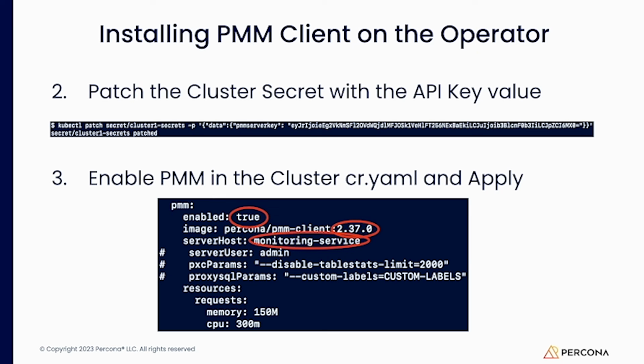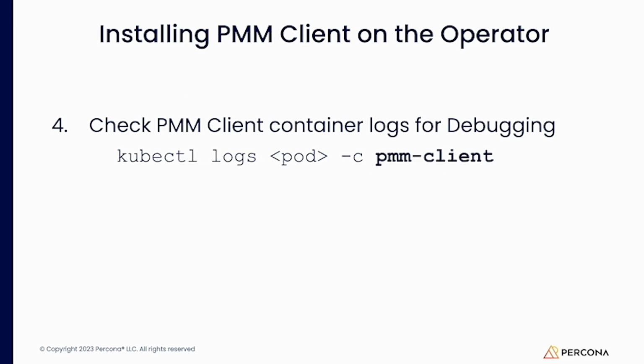Okay, and then you apply that change, and each pod will restart. It will be a rolling restart, and they will have one container more, which is the PMM client, right?